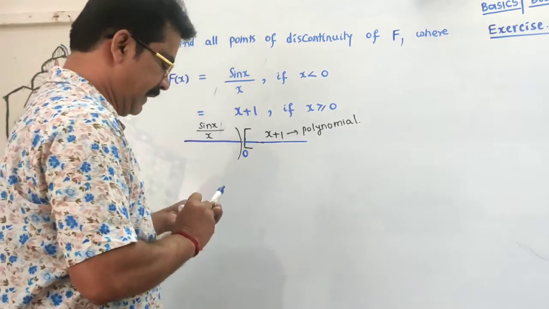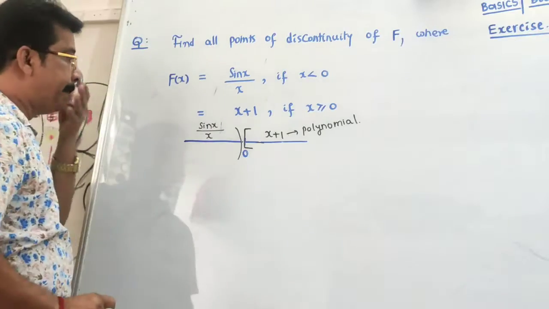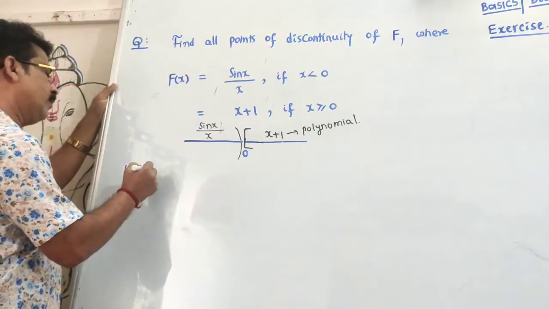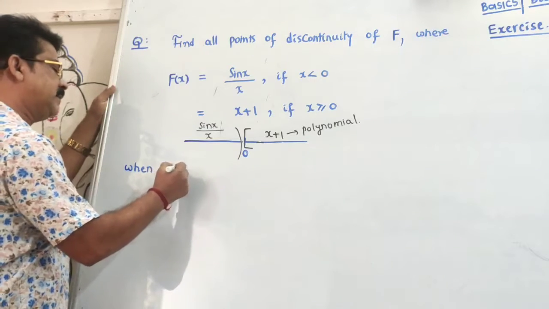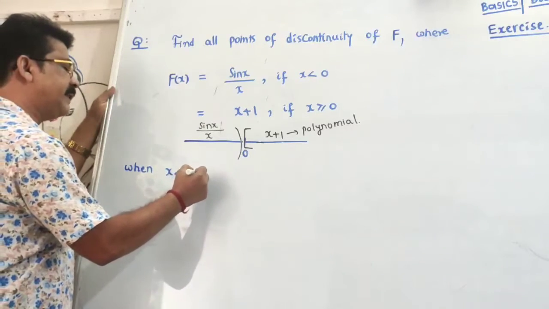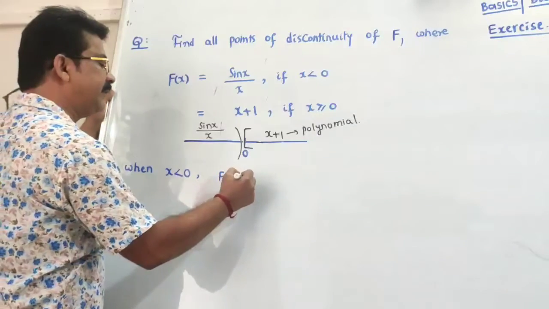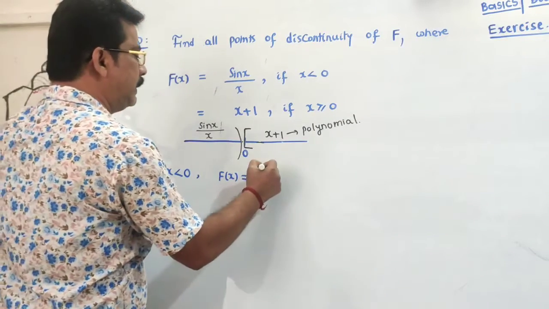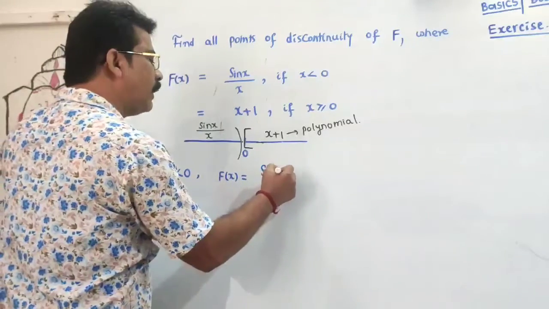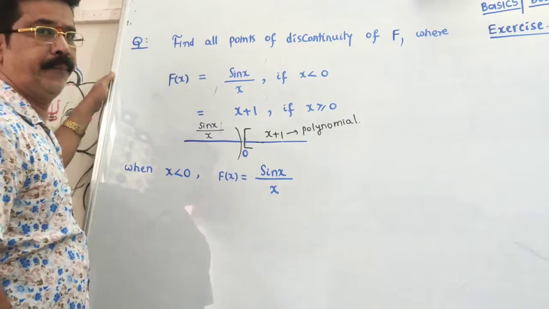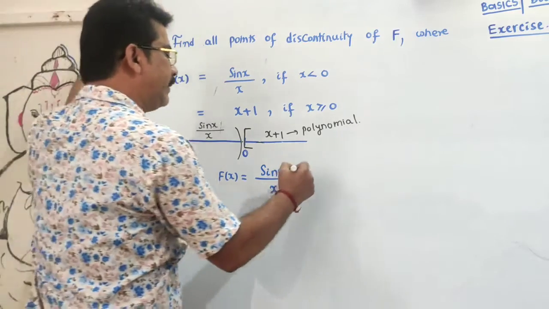Actually, when x less than 0, capital F of x is defined as sin x divided by x.